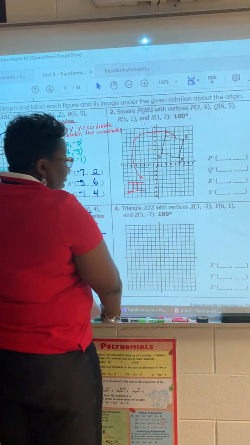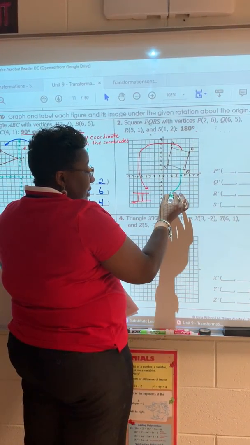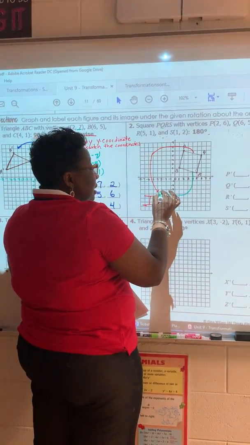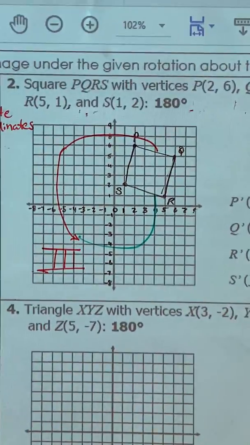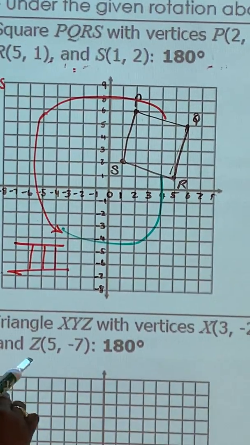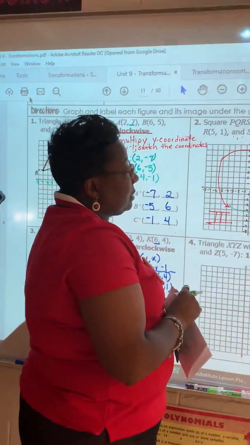But if I were to rotate it clockwise, that's 90, and that's 180. So it would still be in quadrant 3. Okay, so that's why when we see rotation of 180 degrees, it doesn't specify clockwise or counterclockwise.